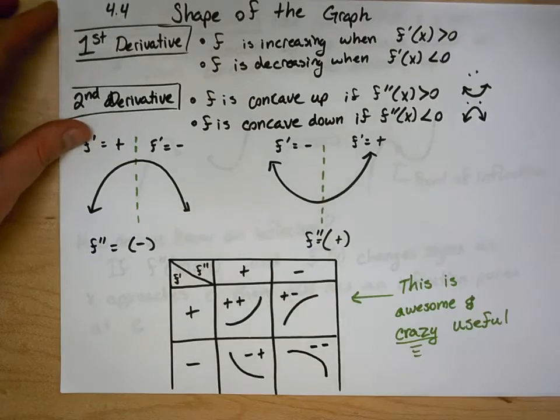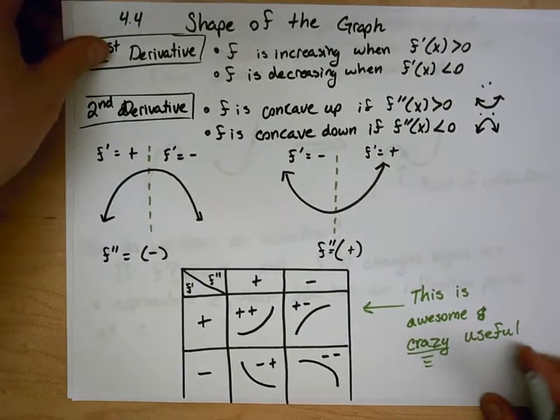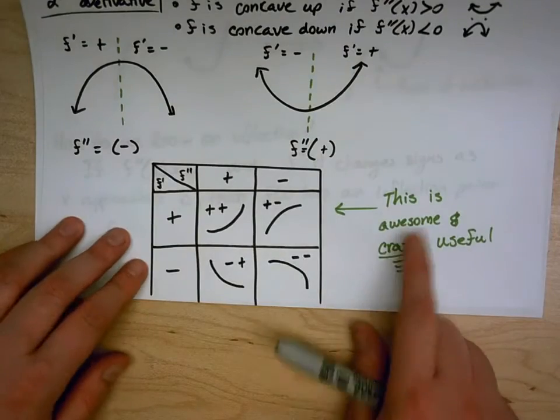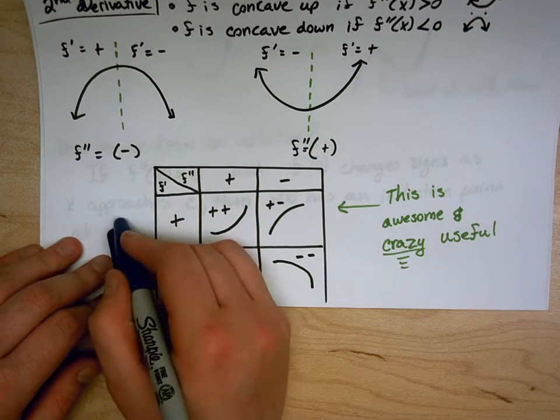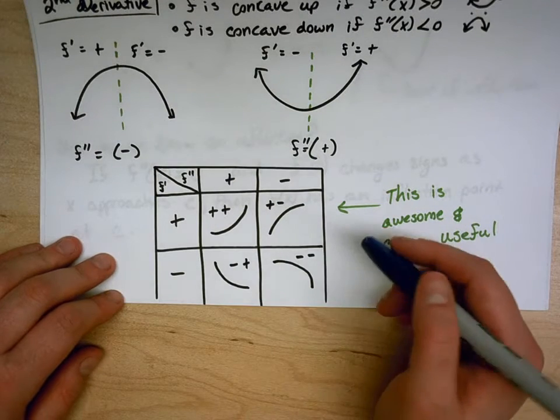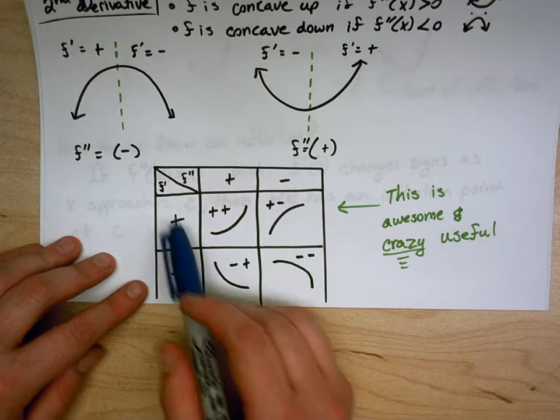That's a little bit easier to see if we look at this table. This table is awesome and crazy useful, so put some hearts around it, maybe some stars, laminate it.